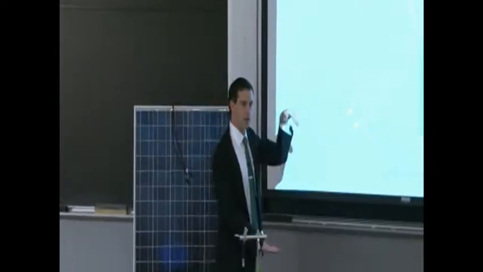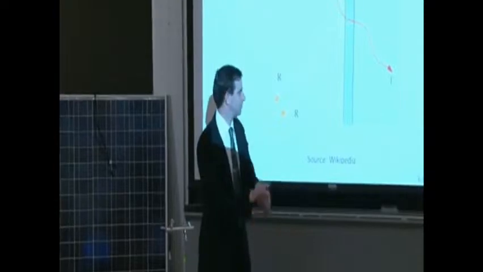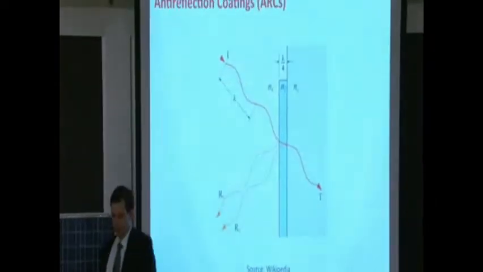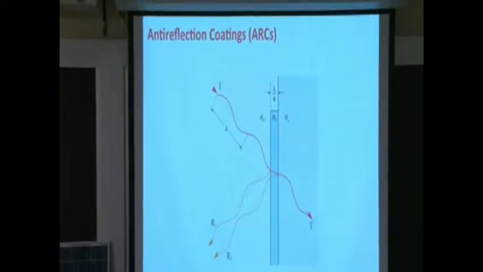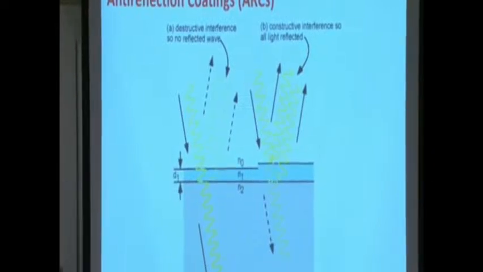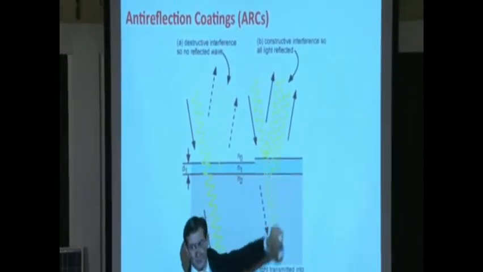The peak will be at a trough, the trough will be at a peak, right? And so the two waves are going to be destructively interfering when they come out. If you add these two together, due to the wave nature of light, you get suppressed reflectance. And that's a really interesting property. You can begin varying the thickness of this layer and, of course, changing the nature of the reflected light.